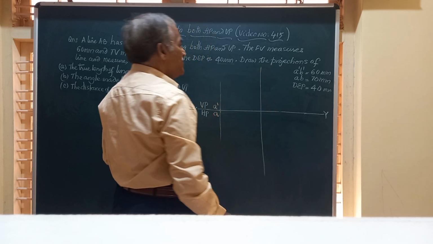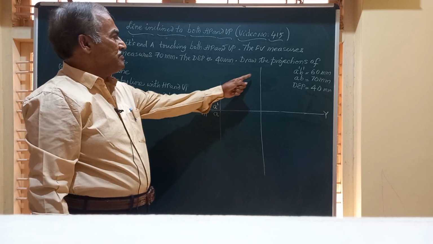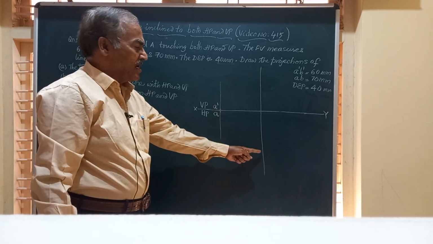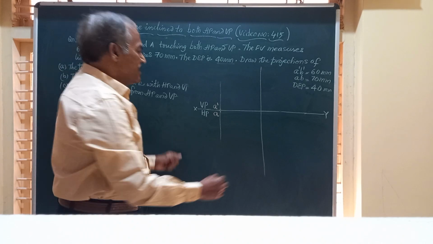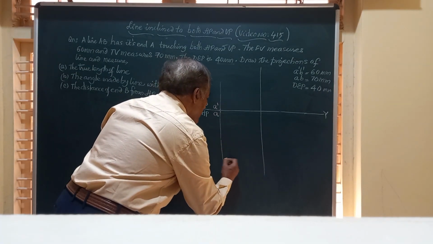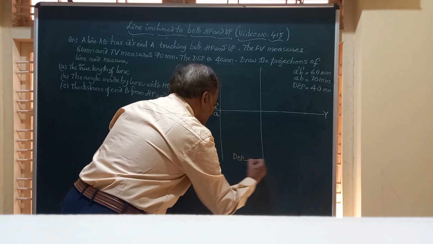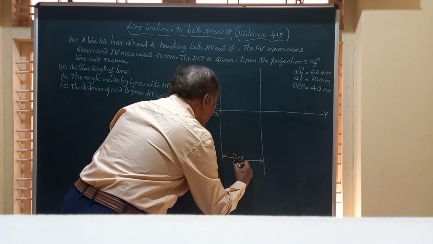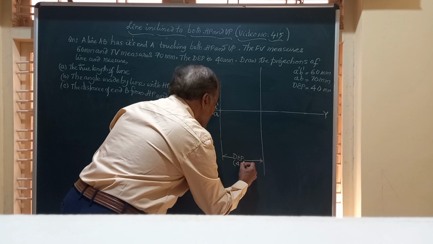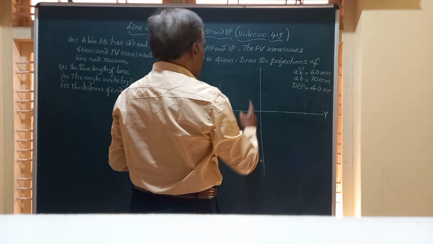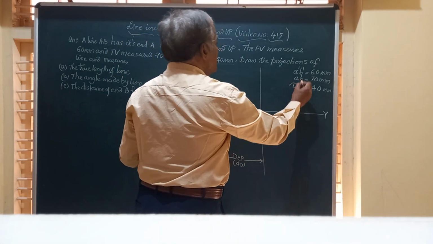That is, the front view and top view of the end B lie on it. Maybe B dash will come somewhere here and B will come here. And this distance, whatever I have marked here, is DEP, the distance between the end projectors, that is given as 40 mm. So friends, I utilize this data. So DEP I have used.